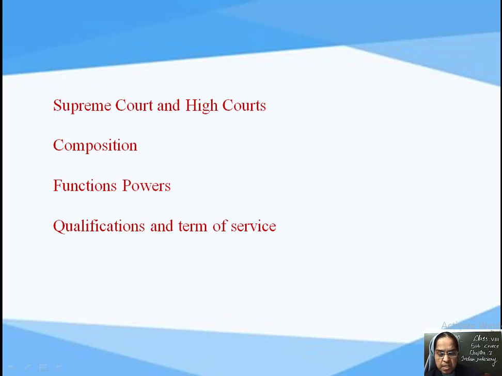A court exercises supervisory jurisdiction when it watches over the working of lower courts. A court acts as a court of record when it keeps records of all its decisions for lower courts to refer to in similar cases.